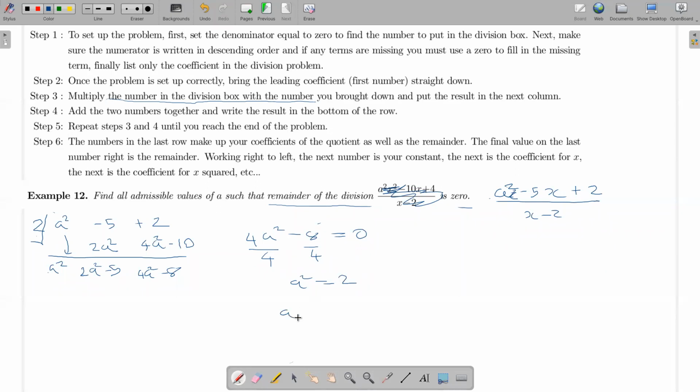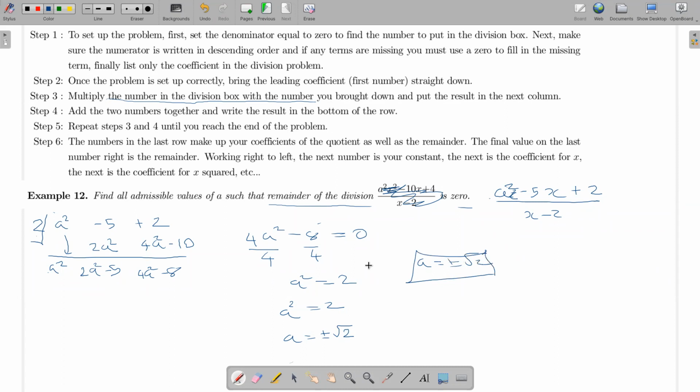Then I take the square root: the square root of this 2 is plus or minus square root of 2. So the answer is a equals plus or minus square root of 2.